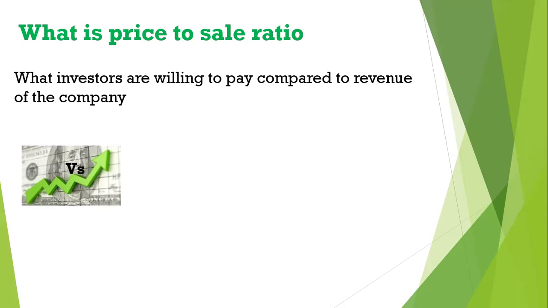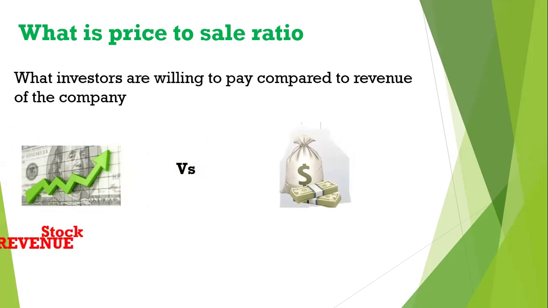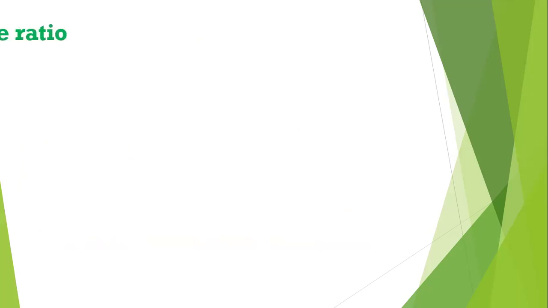If you look at what you're willing to pay compared to the company revenue, you can get the price to sale ratio, and with this value you can see if the company is overvalued or undervalued. As we move through this video, we will understand more on how to interpret that value, stocks versus revenue.